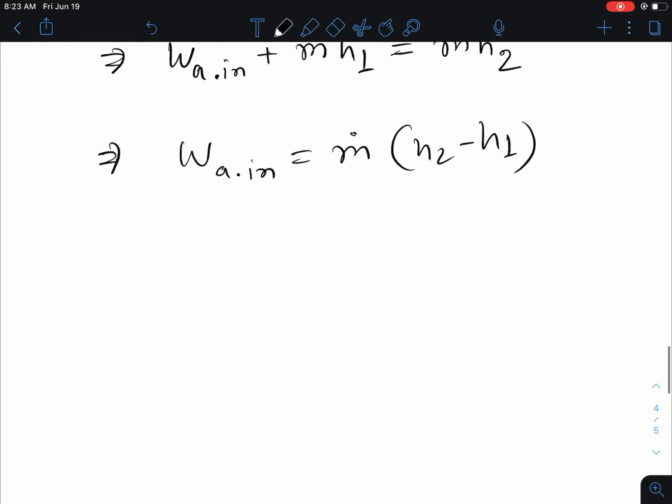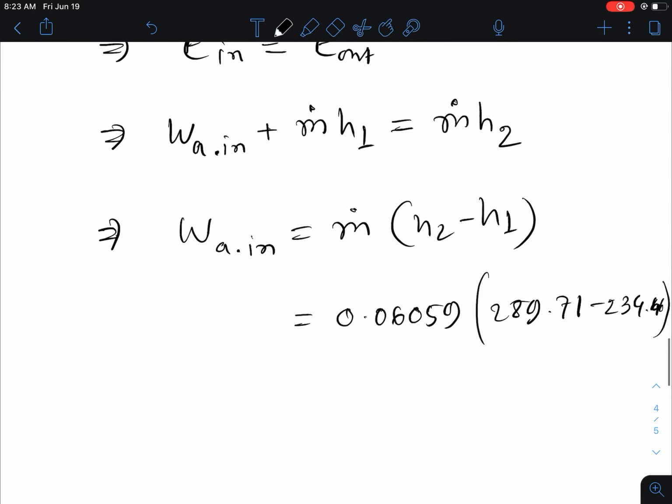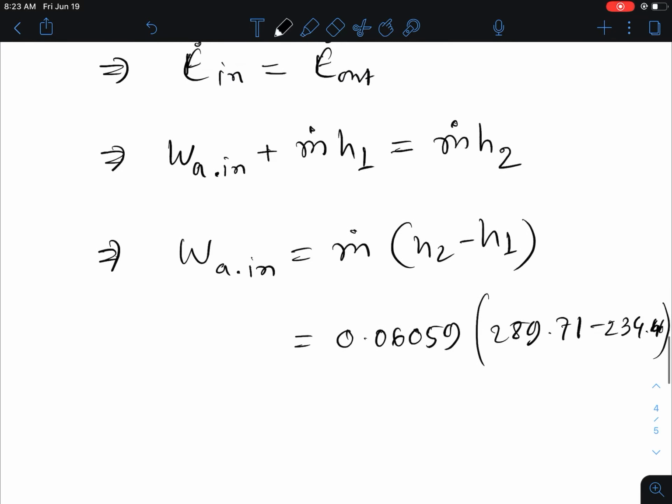So we know all of those values, right? The mass equals 0.06059 times h2, which we got as 289.71, minus 234.46. Here one thing, guys, this h2 is actual, how much actual energy is leaving the system, so I can write it 2A.